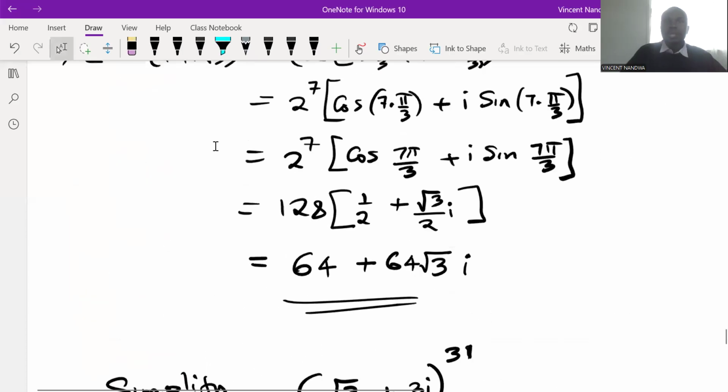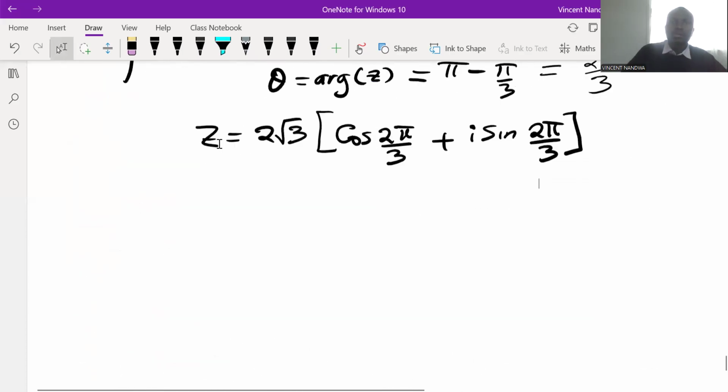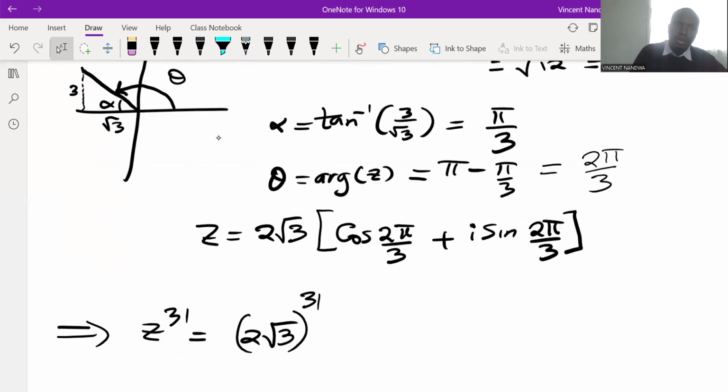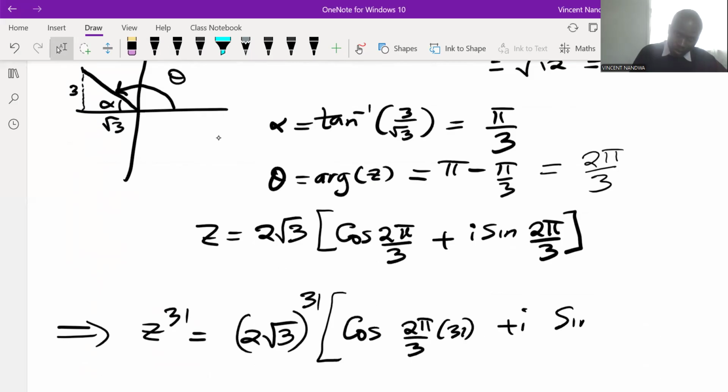So then now when it comes to raising to power 31, z power 31 would be 2 root 3 raised to power 31, and then cos 2 pi over 3 times 31 plus I sine 2 pi over 3 times 31.